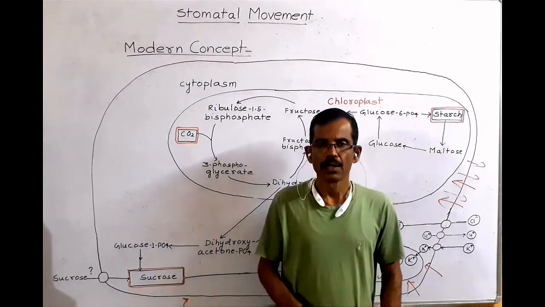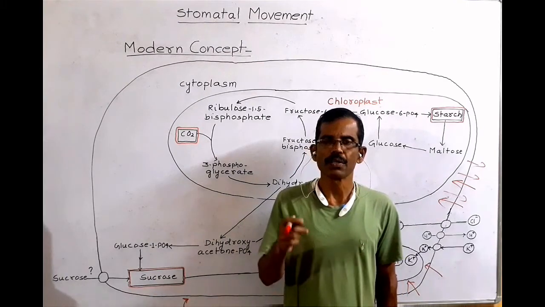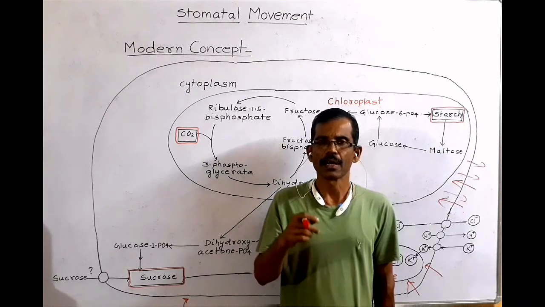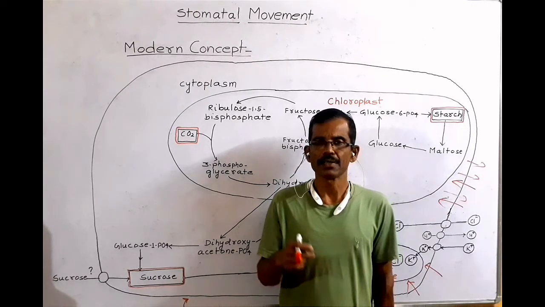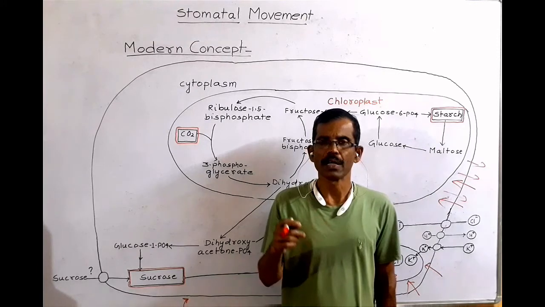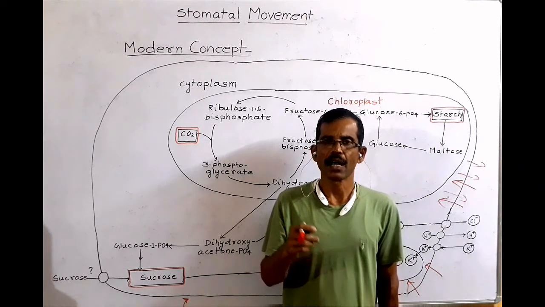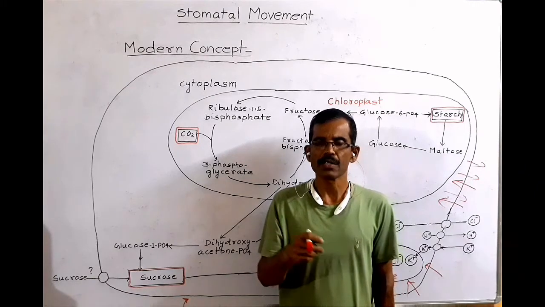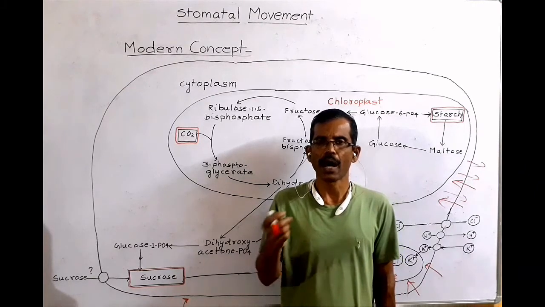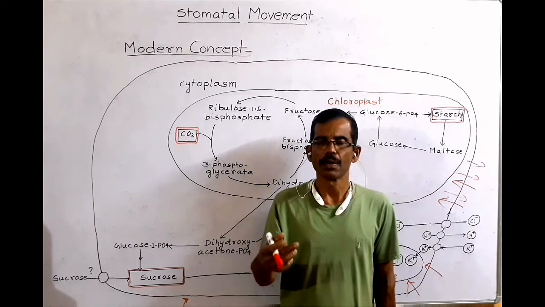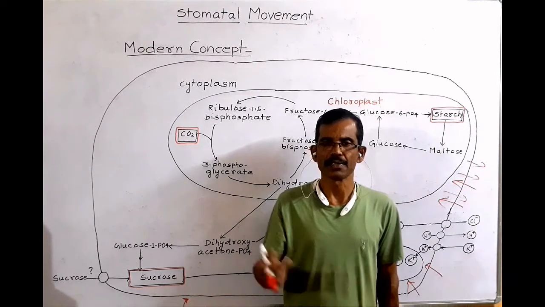stomatal closure. So there are four different metabolic pathways that operate in the guard cells that can supply osmotically active solute. First pathway is the uptake of potassium ion and chloride ion along with the coupled synthesis of malate in the guard cells.